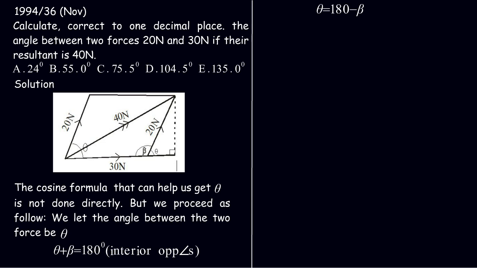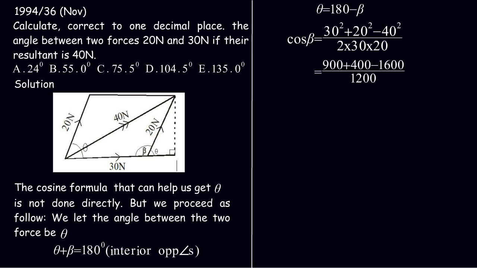And rearranging our cosine formula, cos beta will be equal to 30 squared plus 20 squared minus 40 squared divided by 2 times 30 times 20, which therefore will be equal to 900 plus 400 minus 1600 divided by 1200, which will then be equal to minus 300 divided by 1200.